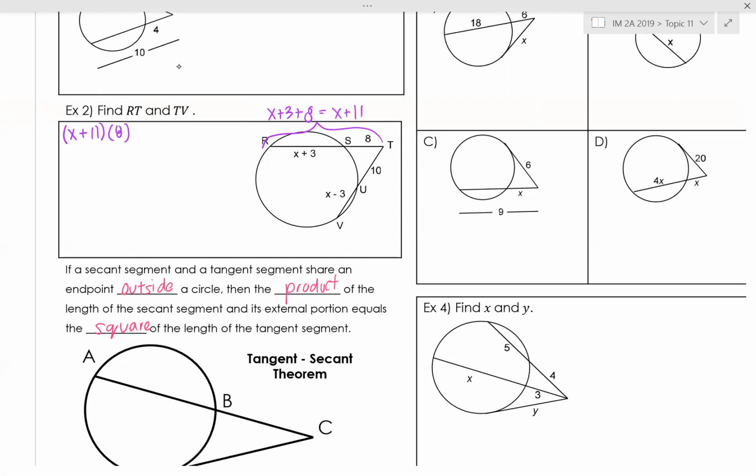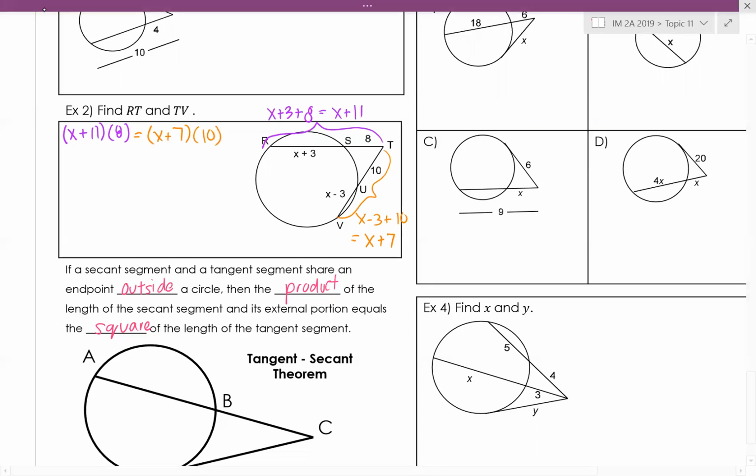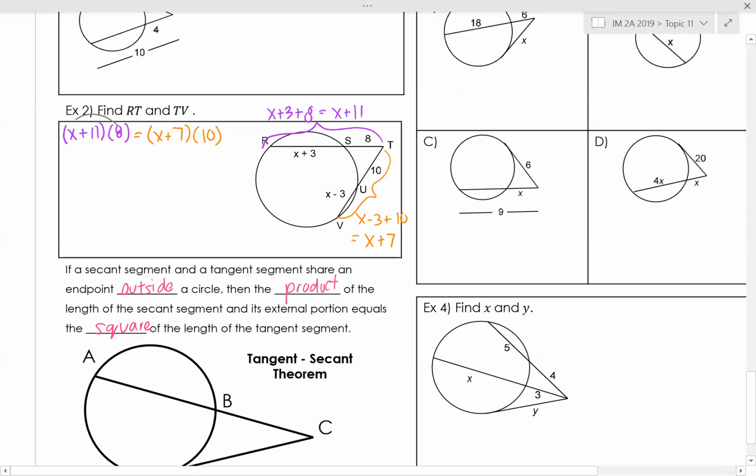And that must be equal to, we've got x - 3 + 10. So that's x + 7. So whole is x + 7 times the outside is 10. So in this one, we do have to distribute twice. So if I distribute the 8, 8x + 88 is equal to 10x + 70.